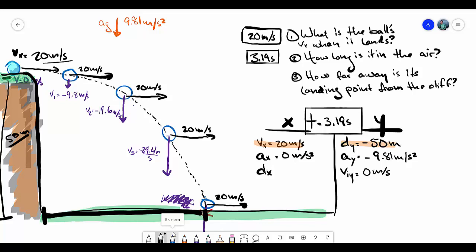The way I would do that is by looking at velocity equals distance over time. This is average velocity, and technically we can use this because there's no acceleration. Acceleration is 0. So if we're going to get distance by itself, you can multiply t on both sides and you'll get the distance along the x is equal to the velocity x times time. This works out nicely.